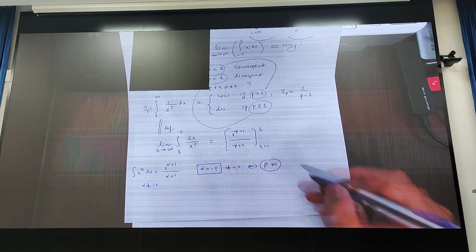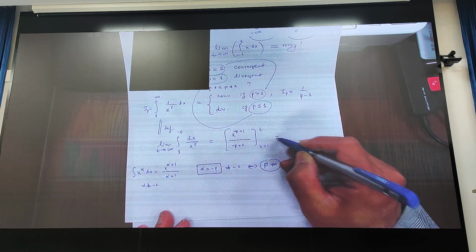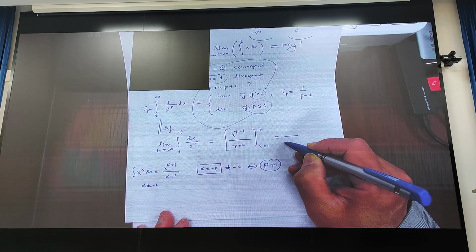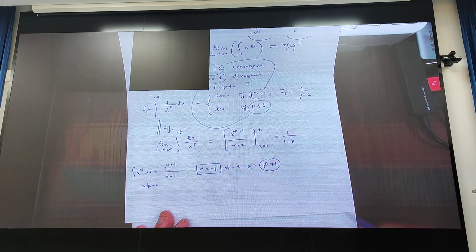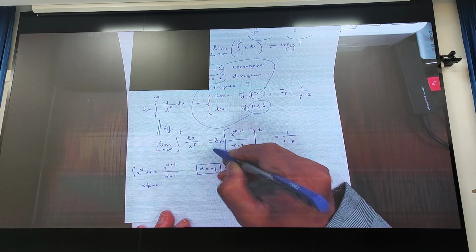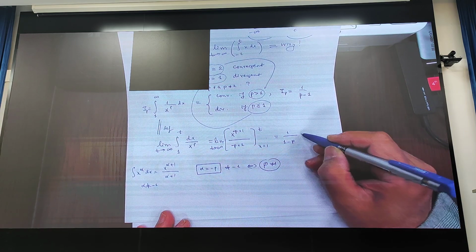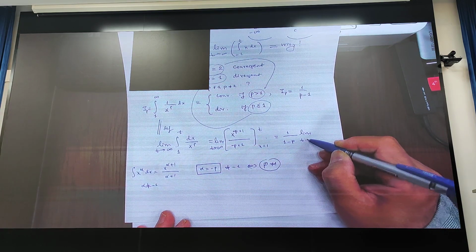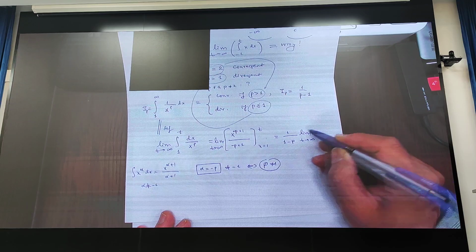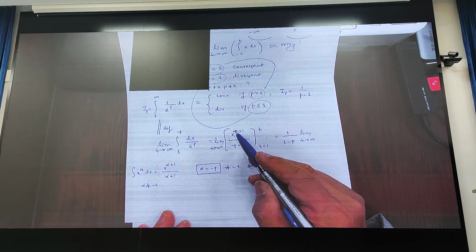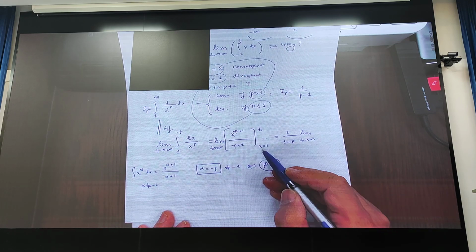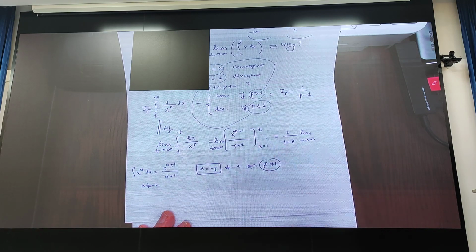Then what do we have? You take 1 over negative p plus 1 out, and here you have t tending to infinity, x to the power negative p plus 1, computed from 1 to t.